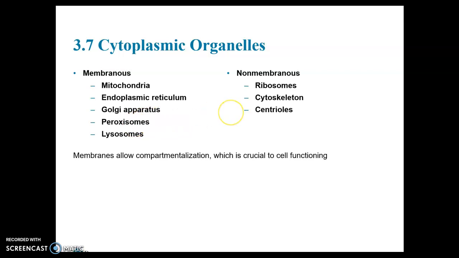We tend to say rough ER and smooth ER. And we have the Golgi apparatus, the peroxisomes, and the lysosomes. Both of these contain digestive enzymes, but they digest different things. Then we have some organelles that are not surrounded by membranes, and that would be ribosomes, components of the cytoskeleton, which are filaments or fibers, and centrioles.